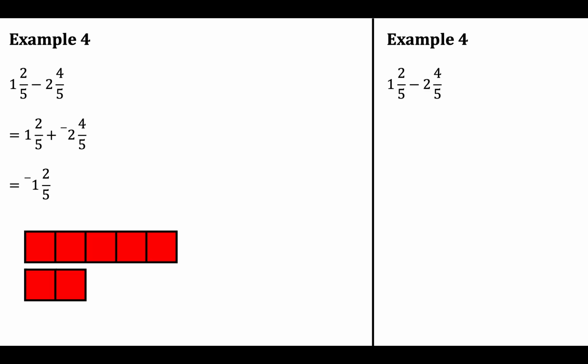And again, like the other 3 examples, we can look at this using improper fractions as well. So 7 fifths minus 14 fifths. And you can see we've got negative 7 fifths left, or negative 1 2/5.